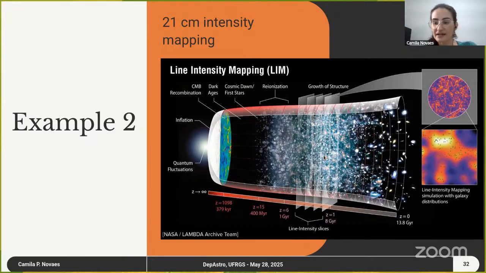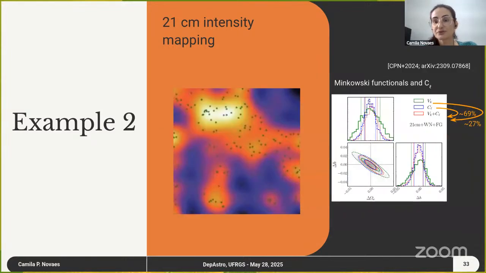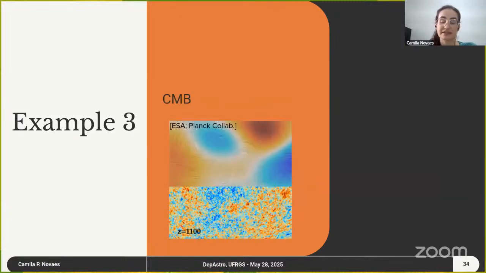And we can apply a very similar methodology to extract cosmology and constrain cosmological parameters from this kind of data in the future. So here, using simulations, we show how this simulation-based inference seems to be a very nice option, an alternative to traditional analysis, also in the case of 21 centimeter.